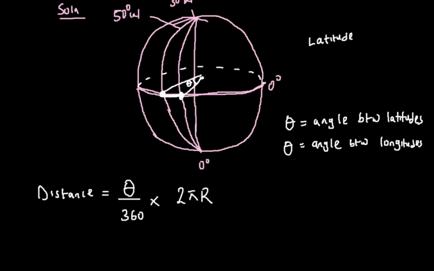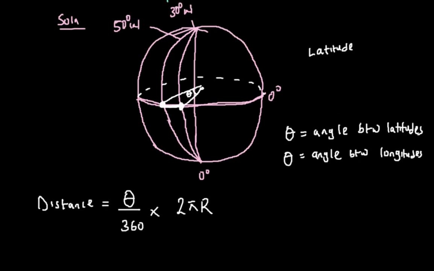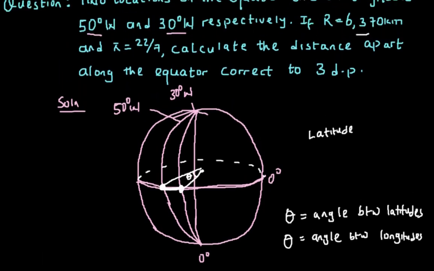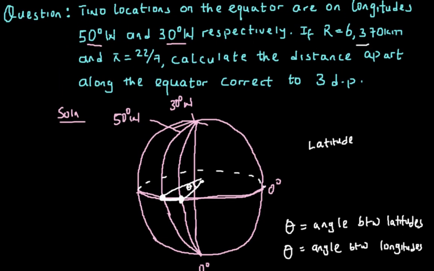Now you really do not need to cram this, because in the previous video when we had longitude as the great circle, the only difference was in latitudes. The longitude was the same. Now in this case also, when we have the equator as the great circle, the only difference we are going to be having would be in the longitude. So it's just common sense. Does that make sense? So our theta will be the angle between these two longitudes.